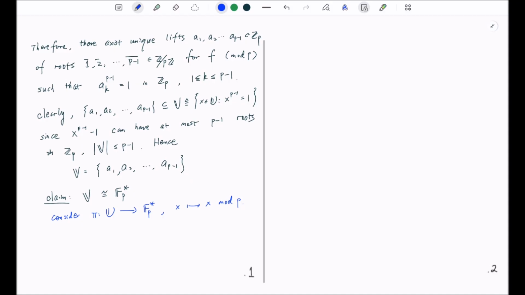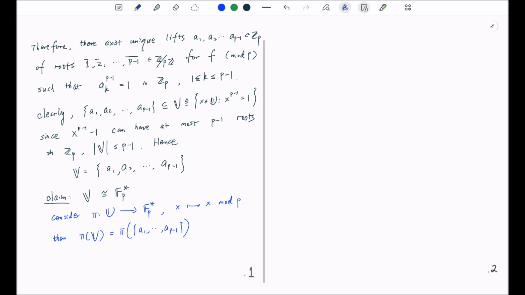We consider this a reduction map. Then, what is pi of V? Pi of V, by what we just obtained, is pi of the set with elements a1 up to a sub p minus 1.